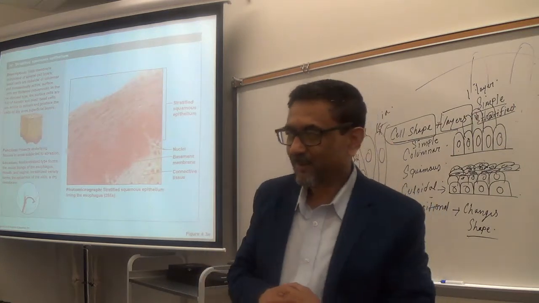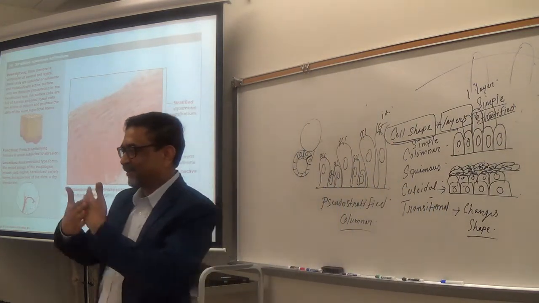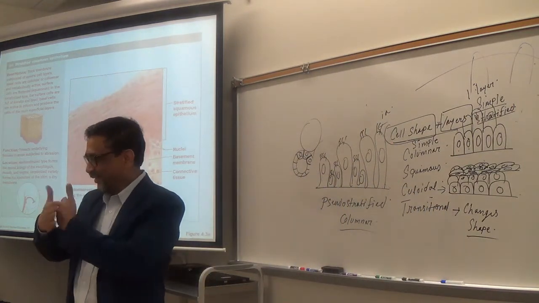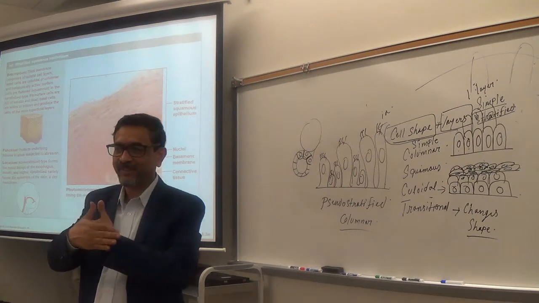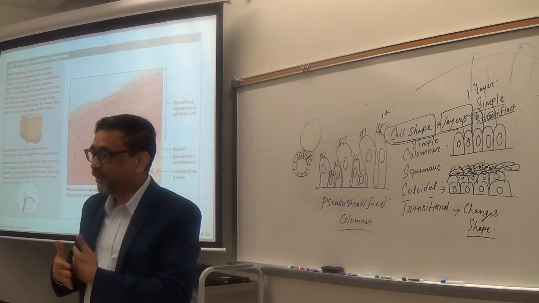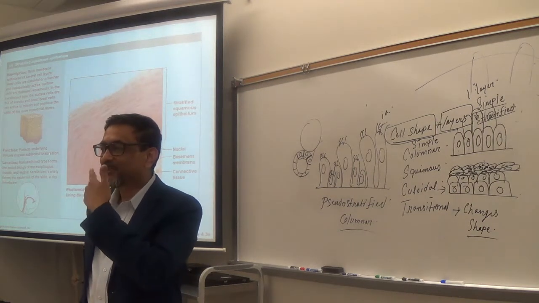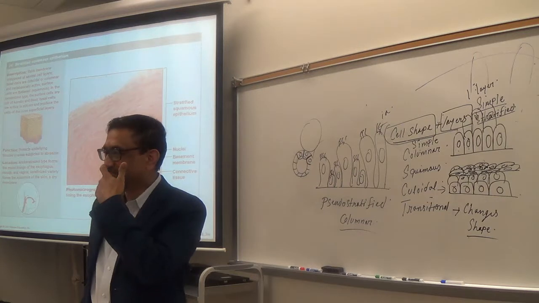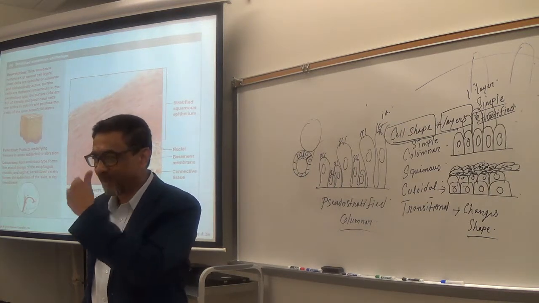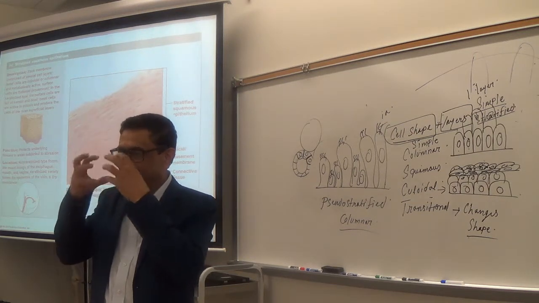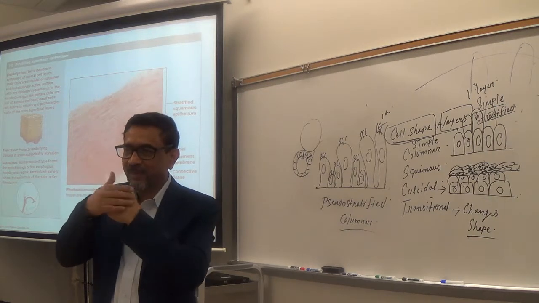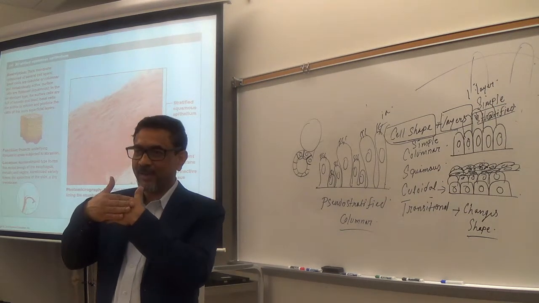So tell me, where you get friction all the time? Skin surface, right? Surface of the skin. You have stratified squamous. How about inside the mouth? Friction? Yes, because you chew the food, right? You crush the food, right? So friction is high.